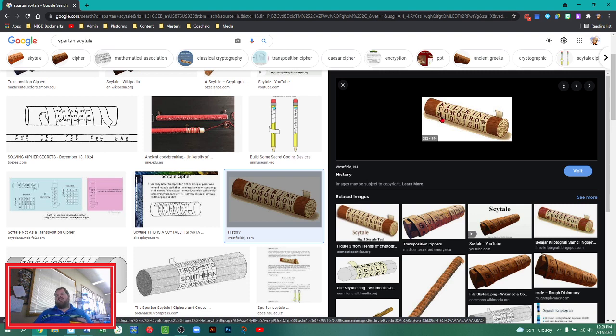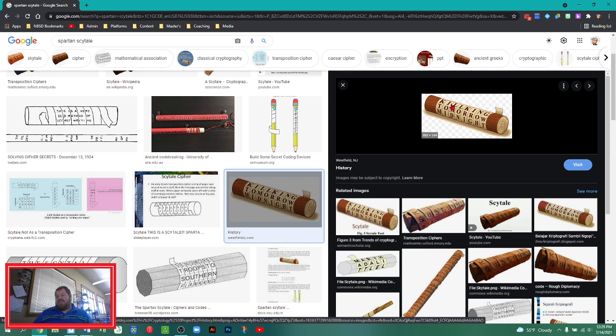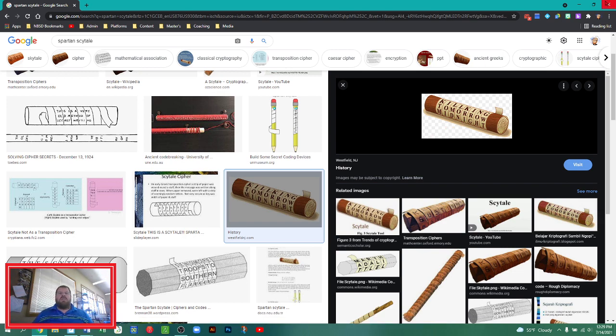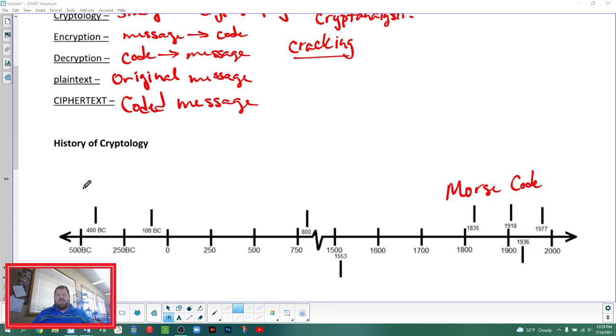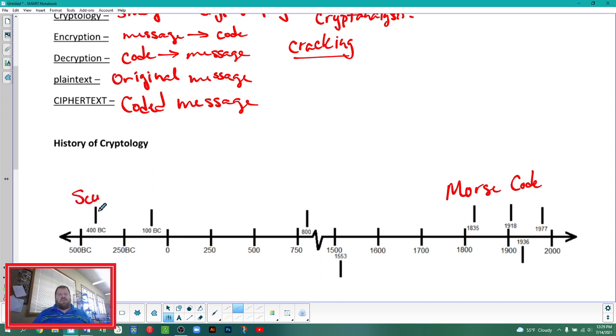It would start KTM, then maybe some space or other letters, and then IOI, LMD, on down this strip of leather. But when you wrap it around the right-sized object, it ends up making a plain text message. That was back in 400 BC, the first documented use of the scytale.